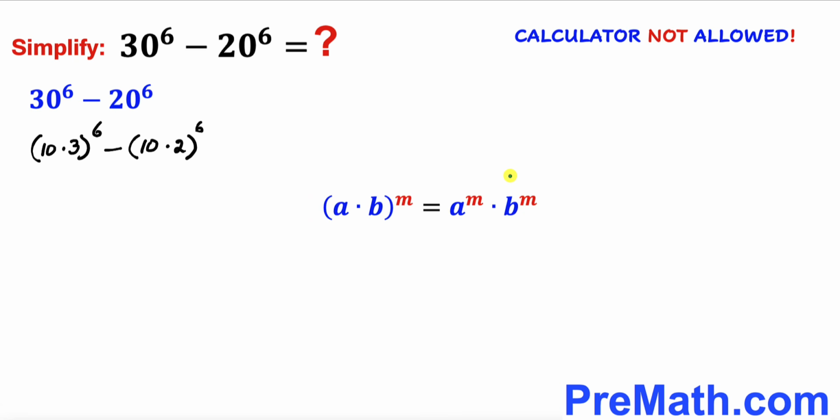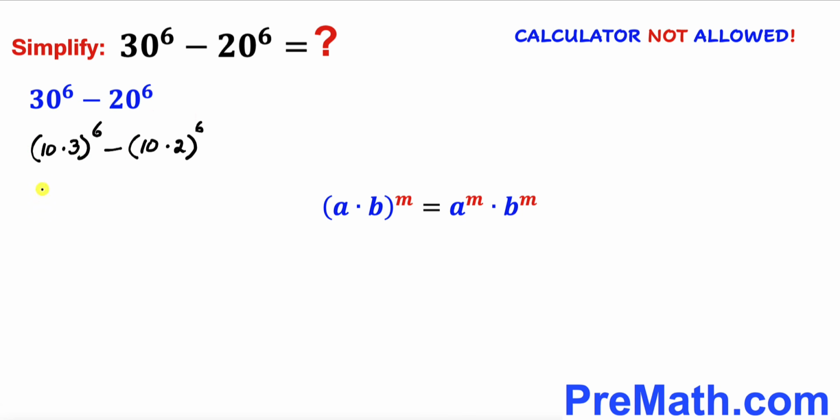Now let's recall this rule of exponents. If we have a times b whole power m, then this could be written as a power m times b power m. We are going to apply this identity on this term, and likewise on this term as well.